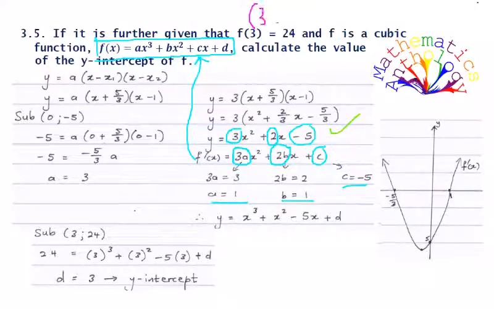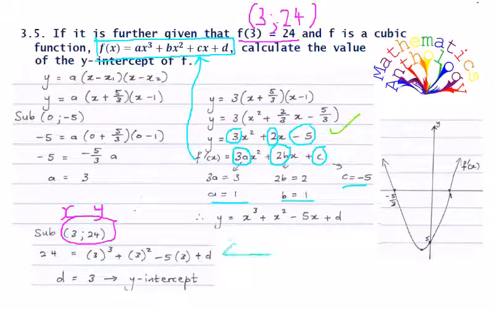So again, we need to relate the derivative graph to the original cubic graph. Let's start by finding the equation of the derivative graph here. To find the equation of the parabola, we have two x-intercepts here.